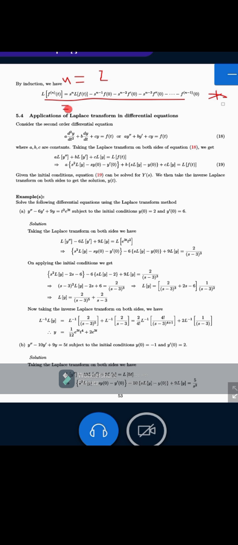We are referring to the Laplace transform of f double prime, which will be equal to s to the power n, so n is 2, s squared, times the Laplace transform of f of t, and then since n is 2, we have 2 minus 1, which is 1, so it is minus s f of 0.